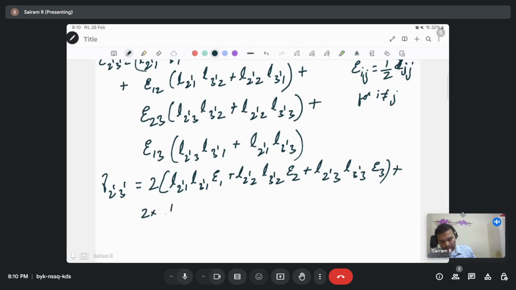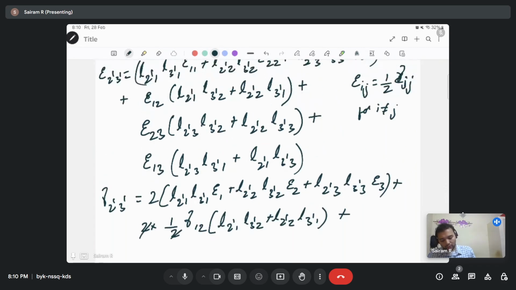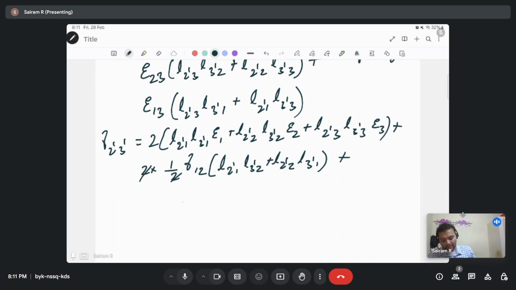into 1 by 2 gamma 1 2 into L2 prime 1, L3 prime 2 plus L2 prime 2, L3 prime 1 plus, so we know that when we convert epsilon 1 2 into 1 by 2 gamma 1 2 and multiply 2 from here, the 2s get cancelled, so I'll not do the same thing again for epsilon 2 3 and epsilon 1 3. I'll just write the equation directly.